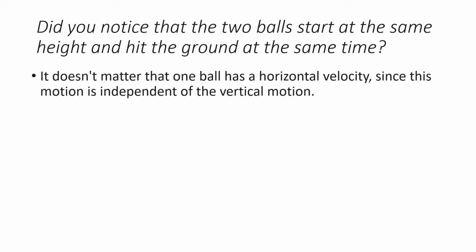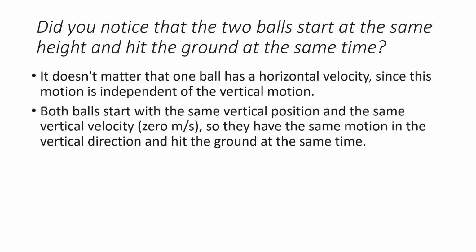It doesn't matter that the first one has a horizontal velocity. This motion is independent of the vertical motion. They start at the same vertical position, dropping down to the final position, displacement, and they have the same vertical velocity, 0 meters per second. Therefore, they have the same motion in the vertical direction and hit the ground at the same time.